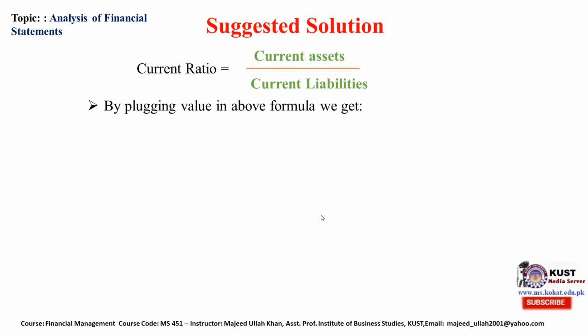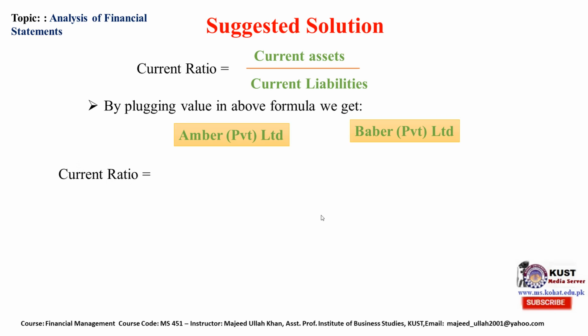By plugging values in the above formula for both companies, Amber Private Limited and Babar Private Limited, the current ratio is equal to 38,000, the current assets of Amber Limited, divided by 88,000, the current liabilities, which is, let me show you in the big slides.